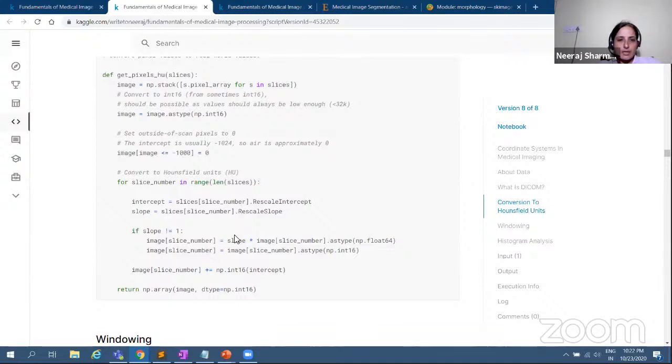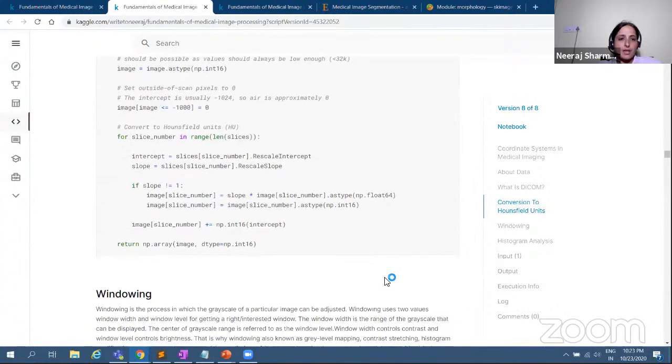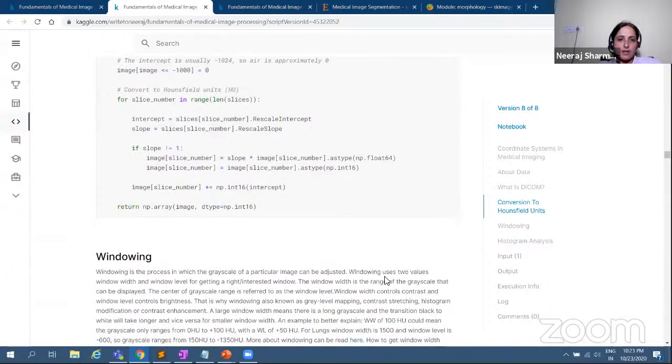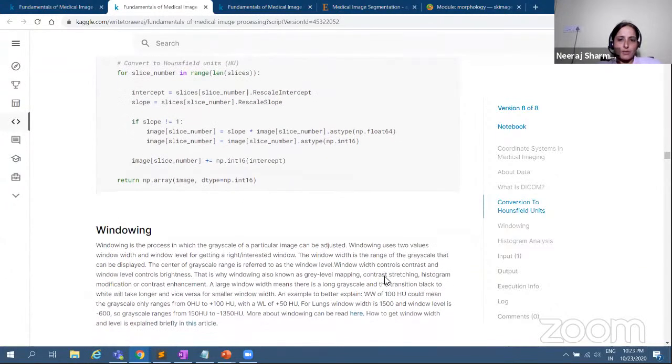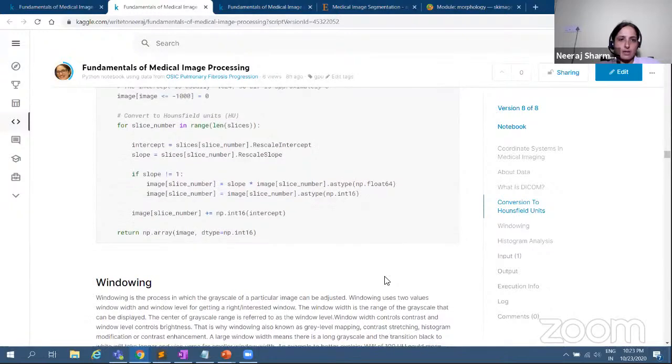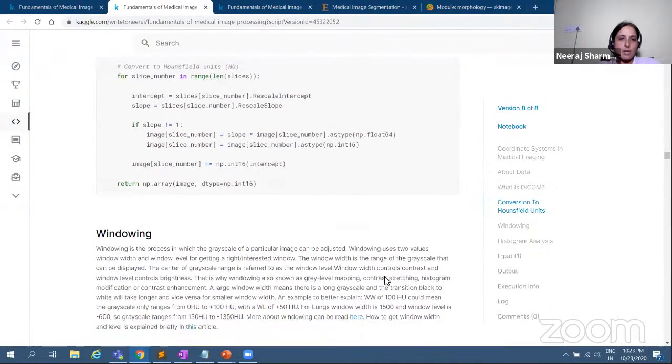So we will just take every slice, one after another, multiply it with the slope, and then add the intercept to this, and it returns the array of all the images of a particular scan. So this is the conversion to HUs.